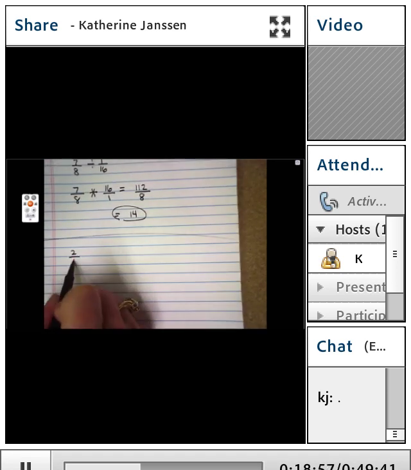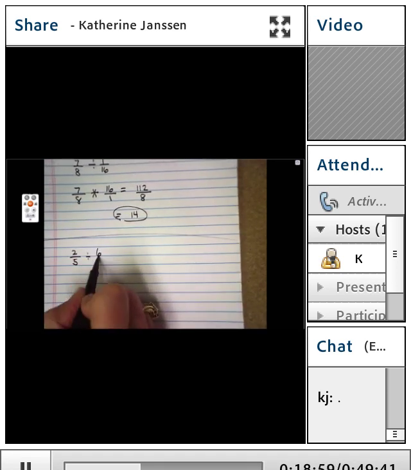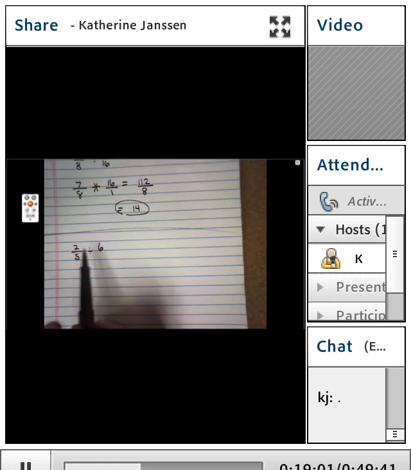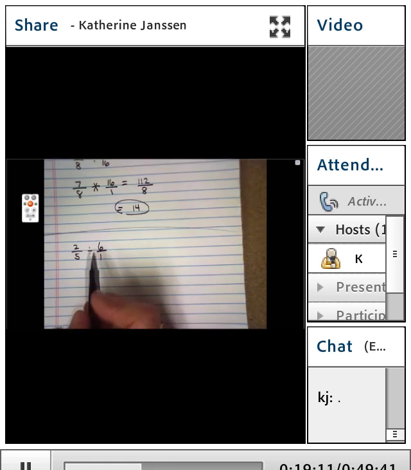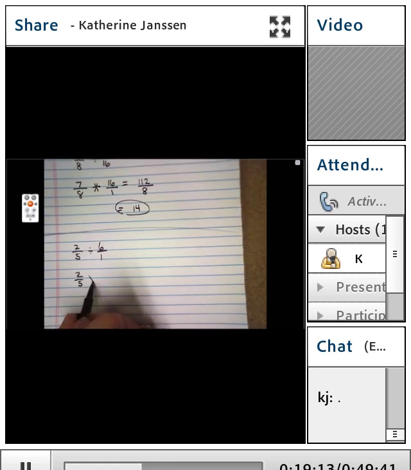Two-fifths divided by 6. Careful, in this example, we have a whole number, and in fractional form, I can represent that as 6/1 with the numerator and the denominator. Dividing fractions, I change division to multiplication and multiply by the reciprocal of the divisor.